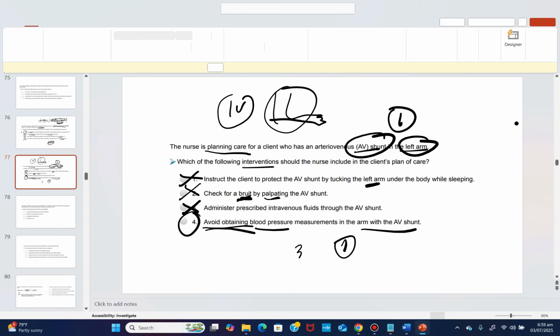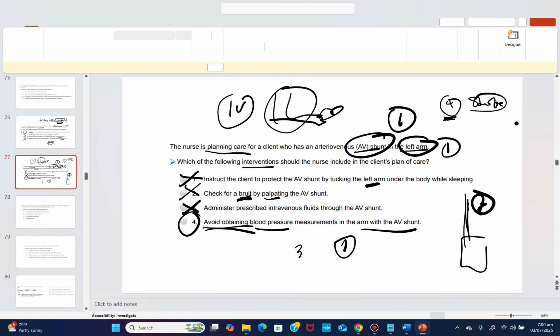Also, if they have IV fluid going on in that particular arm, we don't take blood pressure. That is another. This is one, this is two, this is three. Now four: for stroke patients or any patient that has weakness in a particular arm, we don't take blood pressure in that arm. So these are the key ones I remember for now.